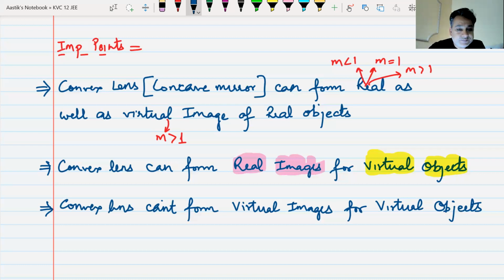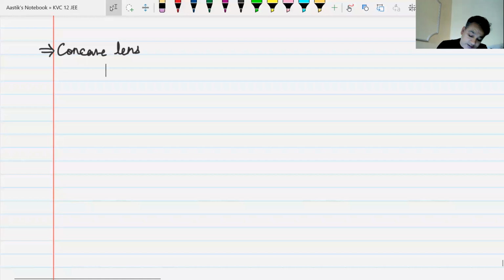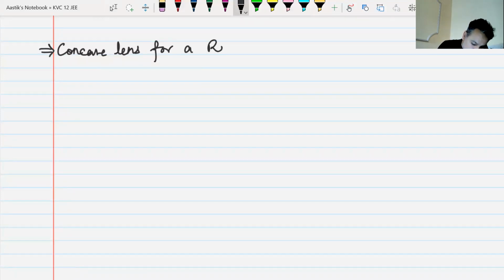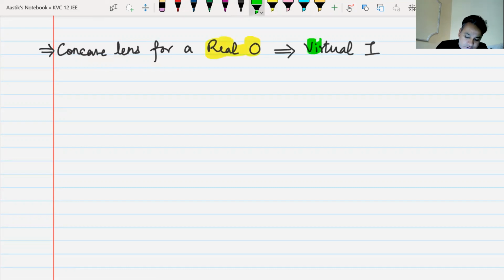Concave lens for a real object can only make virtual images. We have seen that, yes or no? Yes, sir. The object is real, it can only make virtual image. What will happen if the object is virtual?